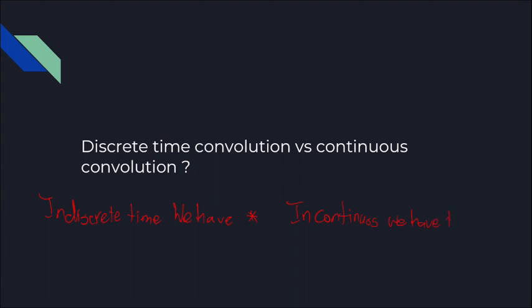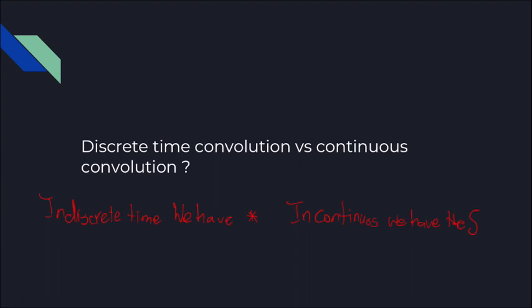That's one of, if not the most important difference between continuous and discrete time signals within the convolution computation, as this is a major difference in calculating the results.